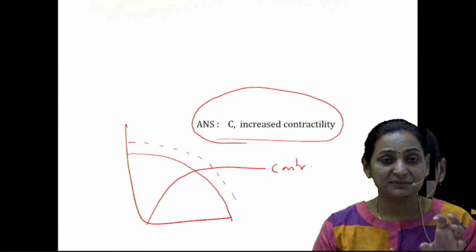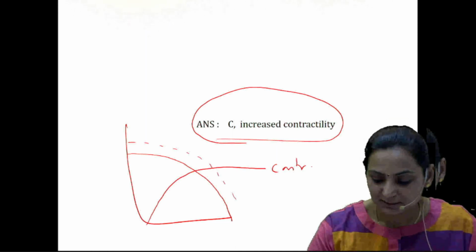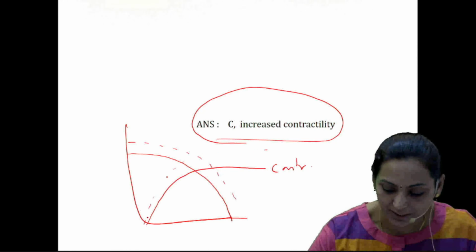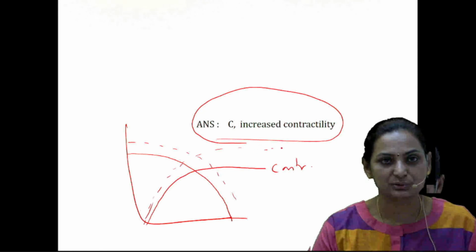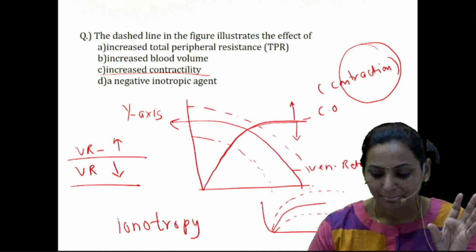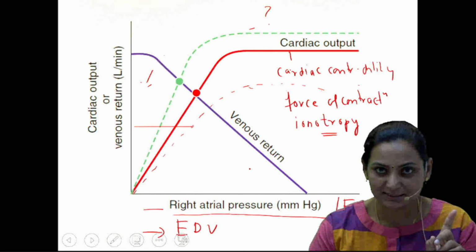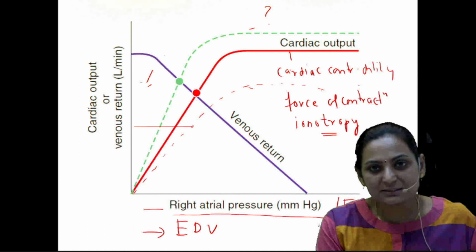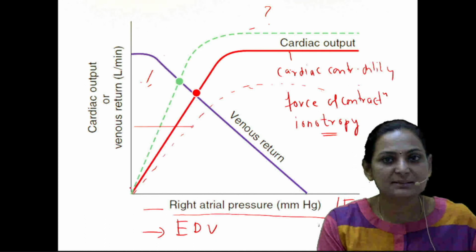And suppose there is an effect of sympathomimetics, then there will be a shift in the graph of cardiac contraction, that is, force of contraction. So I have two graphs on the same axes, one starting from the x-axis and one from the y-axis. Y-axis is venous return, x-axis is cardiac contractility, that is inotropy.